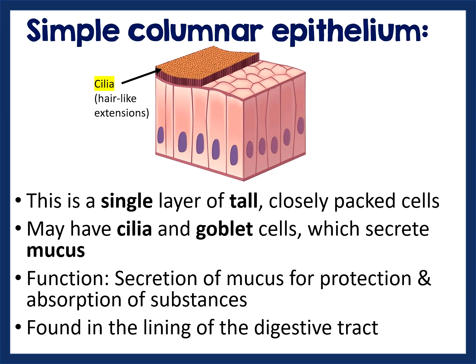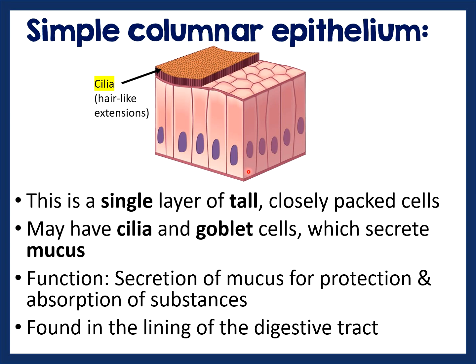Some won't. And others will have those goblet cells that we talked about that secrete mucus embedded in between the columnar cells. But typically what you're going to see is those nuclei will be nice and lined up, and each cell will reach up to the apical surface and the basement membrane.